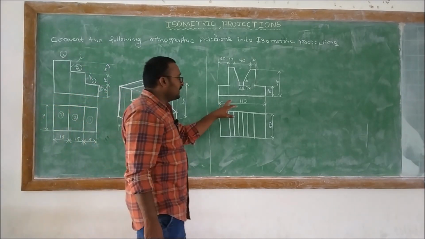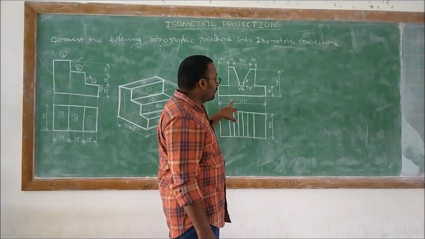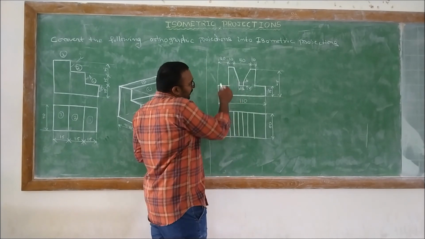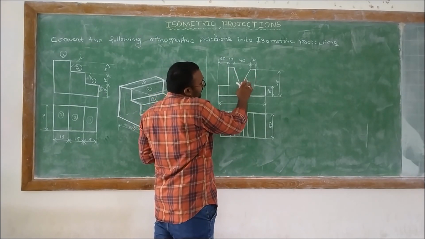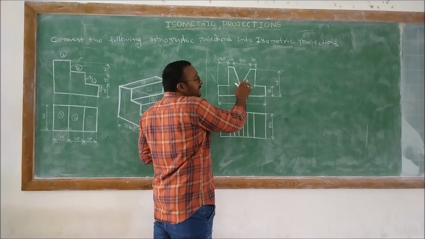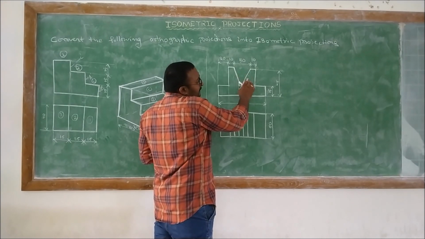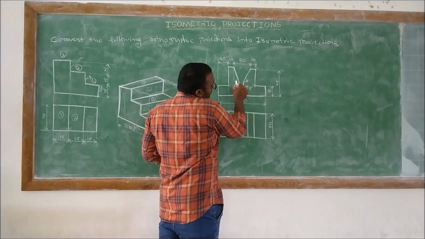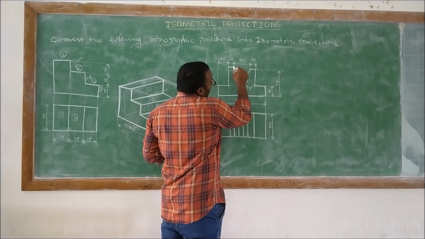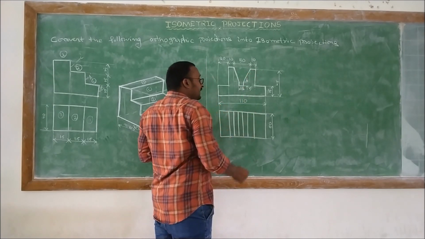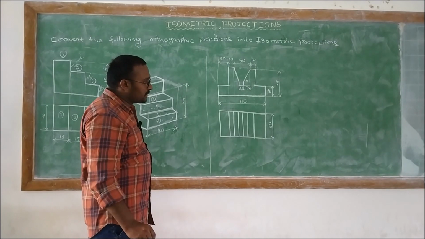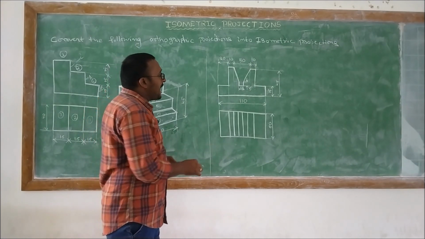In a similar way, here also we want to convert that particular total box into here. In the front view, we can observe that these two lines are non-isometric lines. So the two non-isometric lines must be converted into isometric lines by creating a simple box outside it. Then we will create as it is.